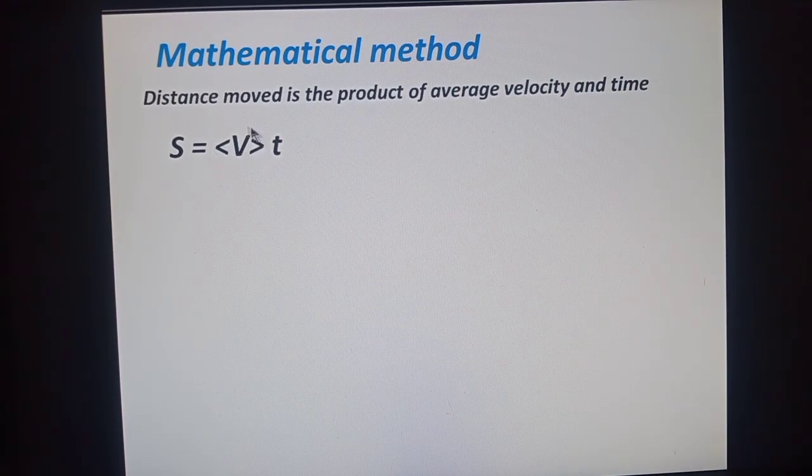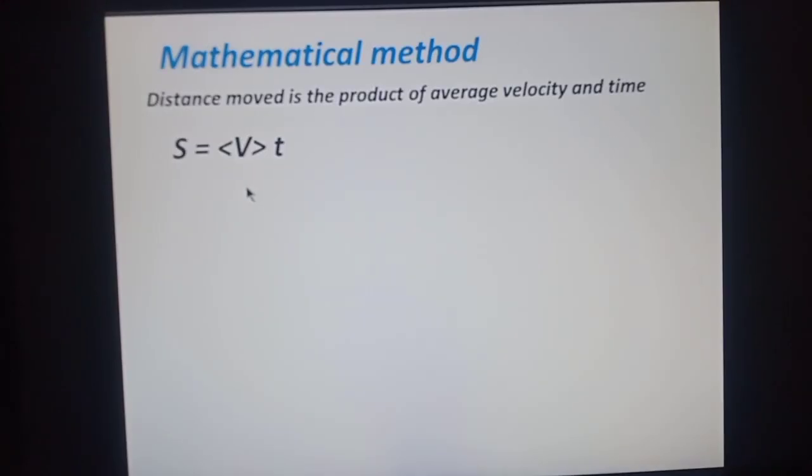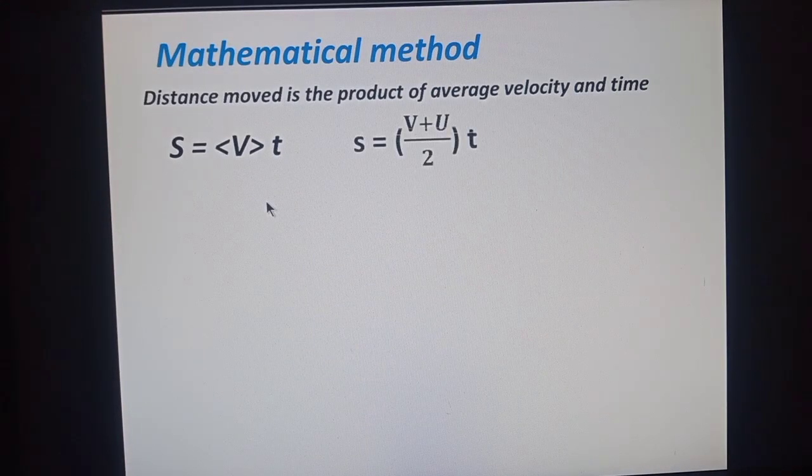So when the average velocity of a body is multiplied by the time taken, it gives us the distance moved by the body. Putting the value of average, final plus initial divided by 2, or you can also say minimum plus maximum divided by 2, that will give you the average value of this velocity.